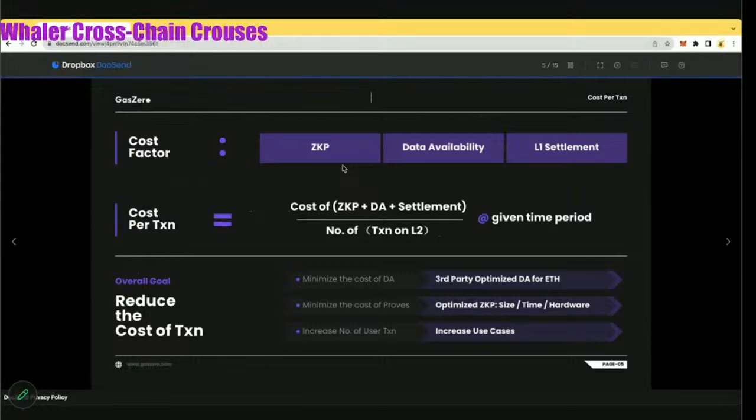Step into the next page. How we calculate cost per transaction is how we put all these costs together. So, for example, ZK protocol, data availability and layer 1 settlement, we add together and we divide by the number of transactions on layer 2 in a given time period. So in such case, what we can find out from this calculation is that the more blockchain dApps we have, like Web3 dApps on GasZero, the cheaper transactions will be.